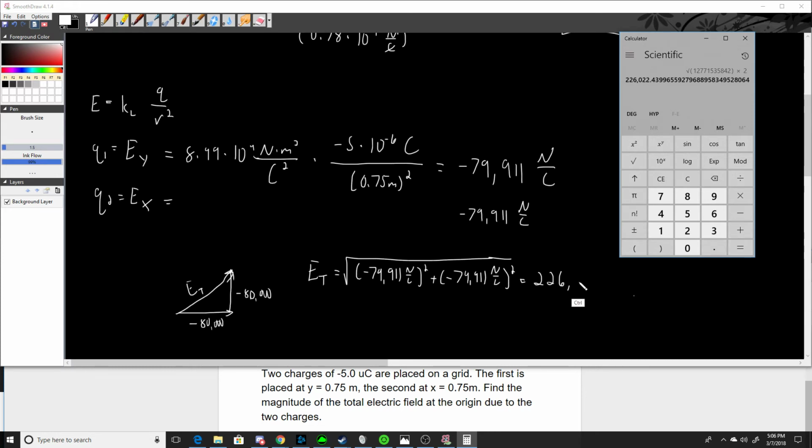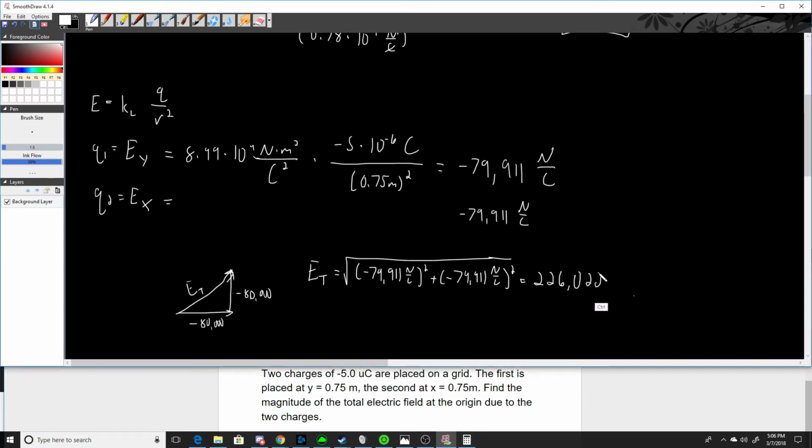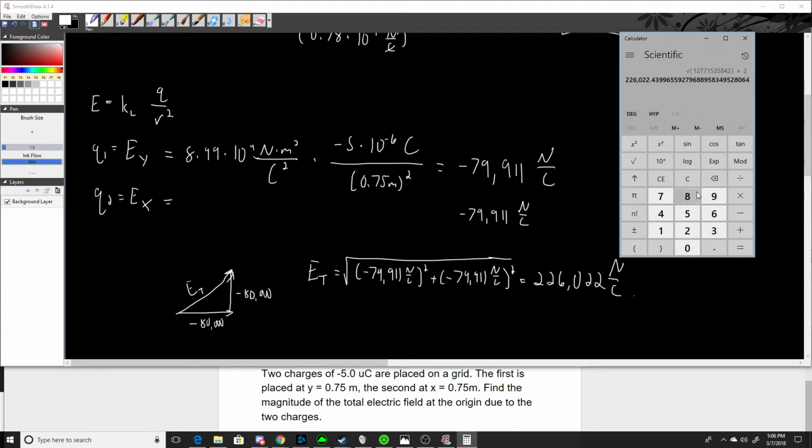Let me try this one more time. Actually, I'm going to use a different calculator. If you're questioning your calculator, I think it's easier to just try a different one. Hold on for just one second. Almost ready.